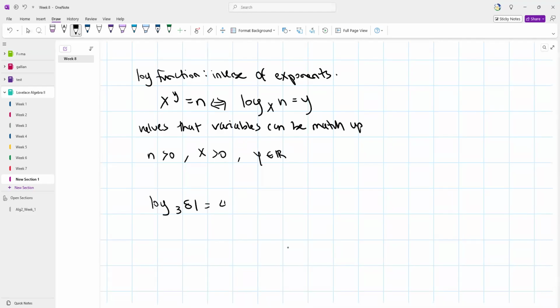Okay, so this would just be 4 because we know that 3 to the power 4 is equal to 81.